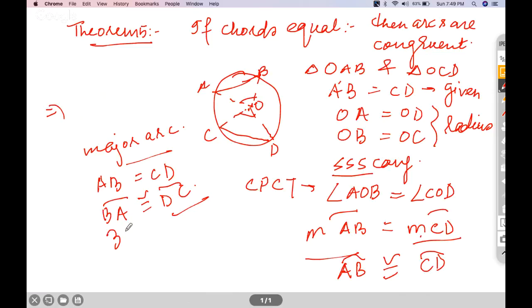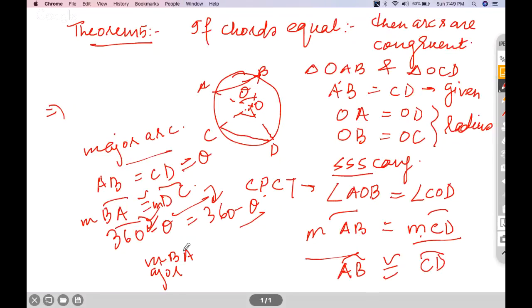Now you need to write that if this angle is theta, the other angle would be 360 minus theta. Here also it is 360 minus theta. It shows that these major arcs are same. Now if this is making angle theta, these two arcs would make angle theta, and you need to write that major arc BA would be congruent to major arc DC.